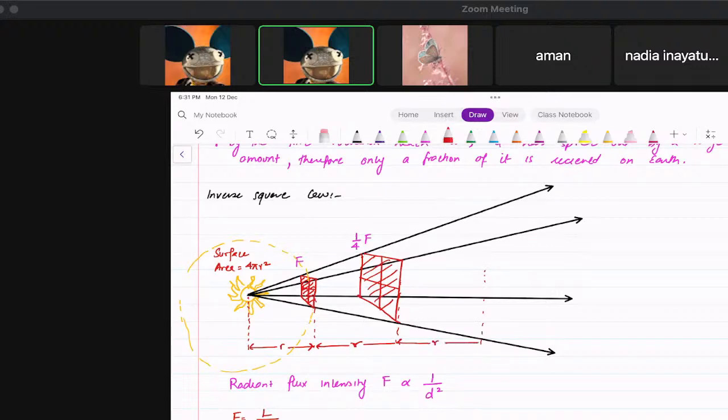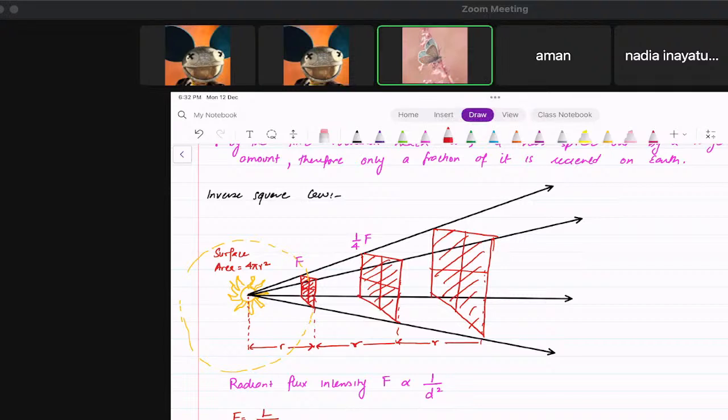Just to clarify it even further, the area that it falls is getting larger and larger. Understood? So the second assumption means that all the radiation falls on Earth without getting spread out. There's nothing in between that takes away or absorbs it, right?